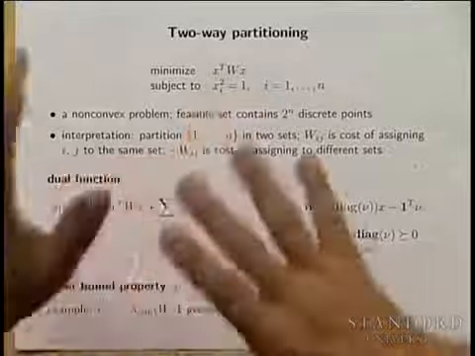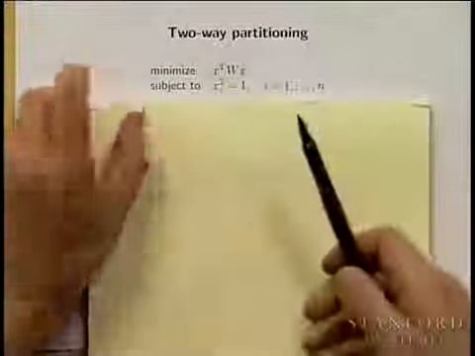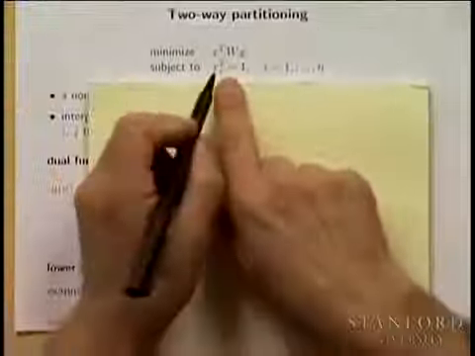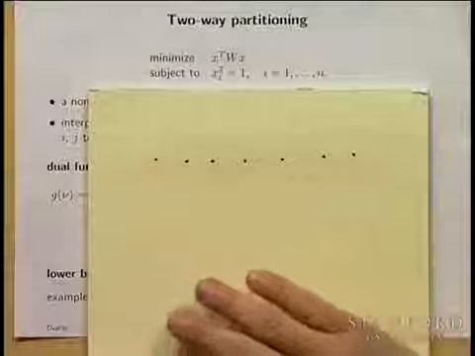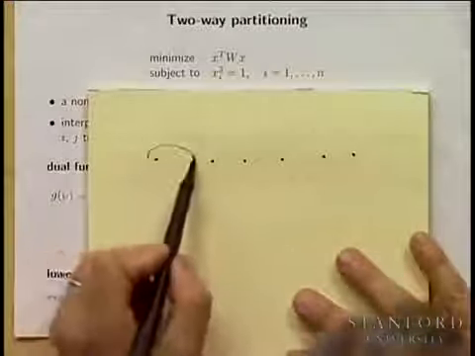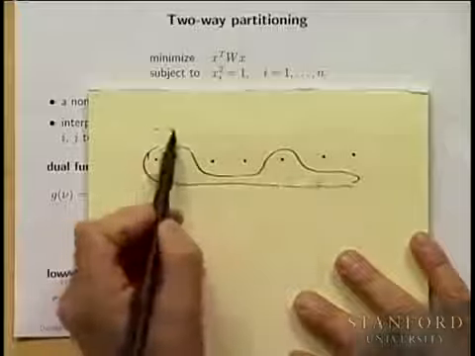Okay. And let me just first say a little bit about this problem. We're going to see it a lot, and just so you get a rough idea of what it means. So xi is plus or minus 1. We can really think of this as the following: you have a set of points, like endpoints, and you're going to partition them into two groups. That's one group, and the other group will be this.